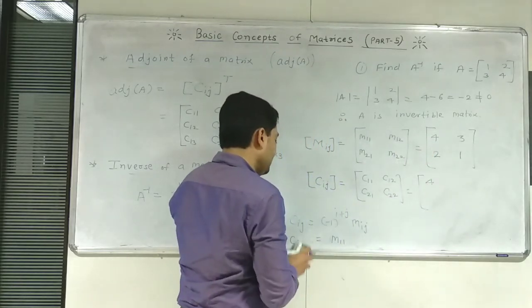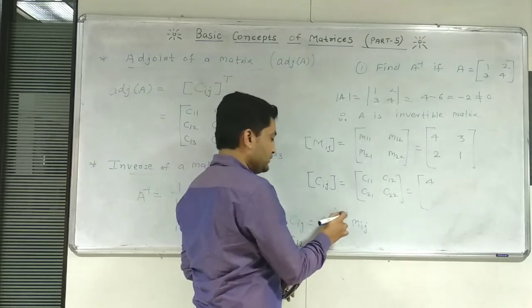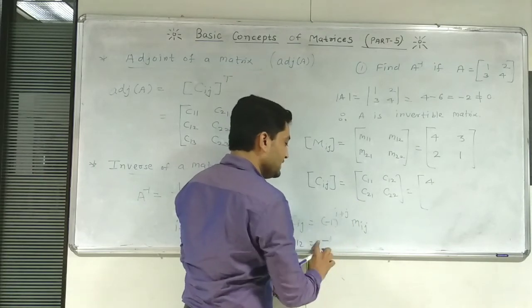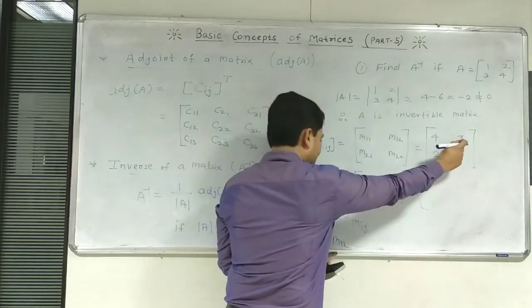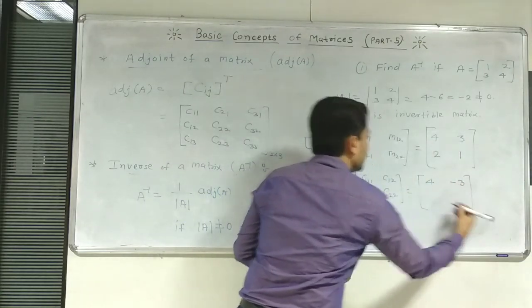Similarly, what is C12? C12 is equal to minus 1 raised to 1 plus 2, that means 3. Minus 1 raised to 3 is minus, and it is M12. The value of M12 is 3, so C12 is minus 3. Write down minus 3 here.